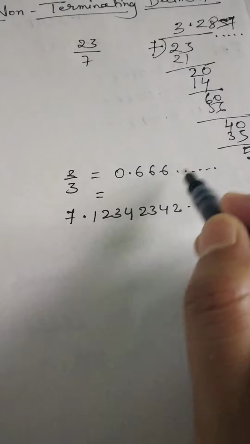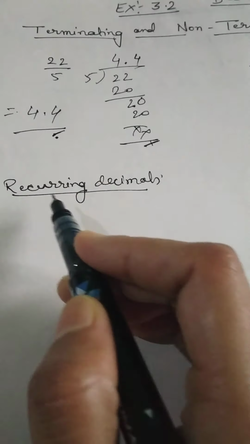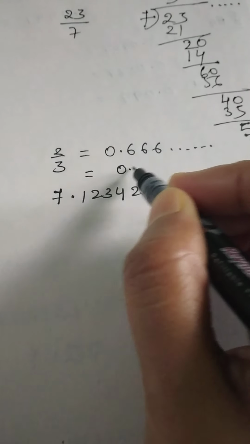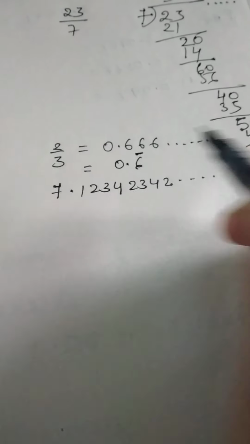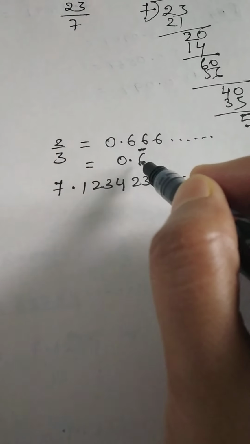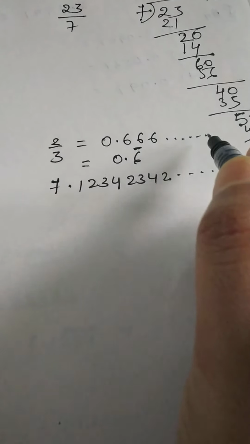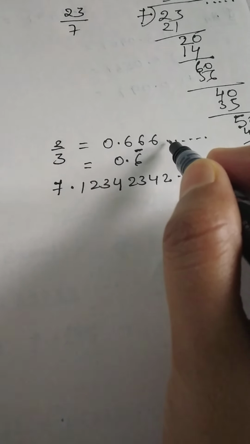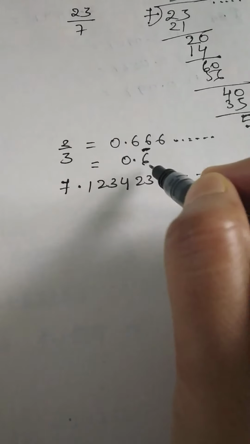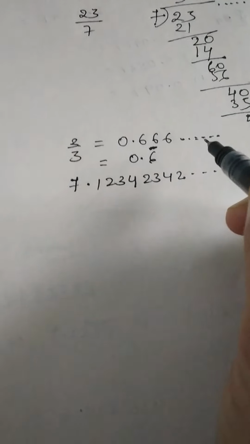So this kind of decimal is known as a recurring decimal. We can write it like this, 0.6, and above 6 we will have to put one bar. This bar shows that digit 6 is repeating continuously. If we are writing like this, no need to give dot dot dot. This bar only shows that this 6 is repeating.